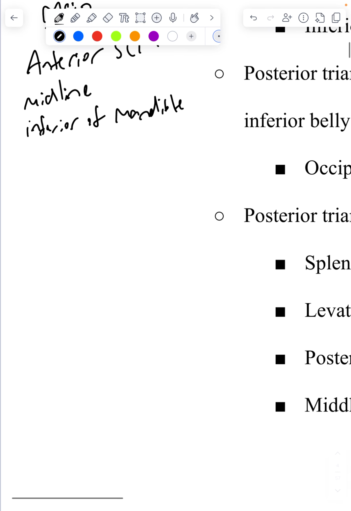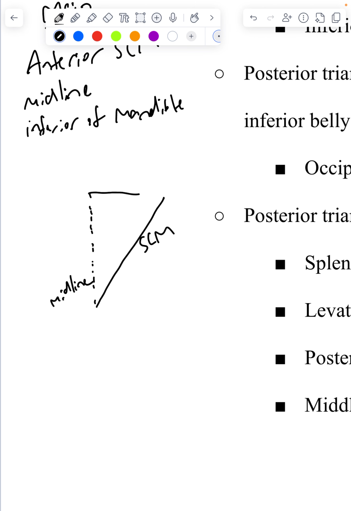So, SCM, imaginary midline, and then mandible.